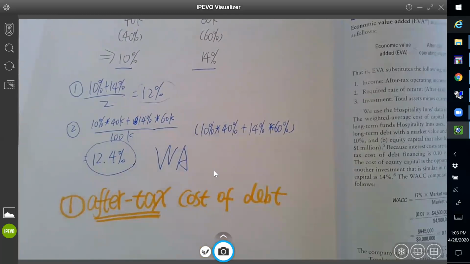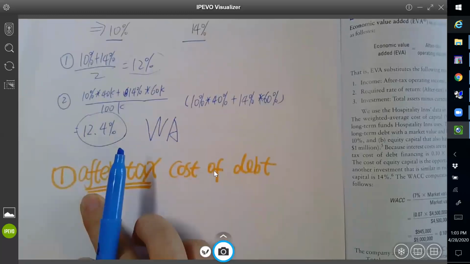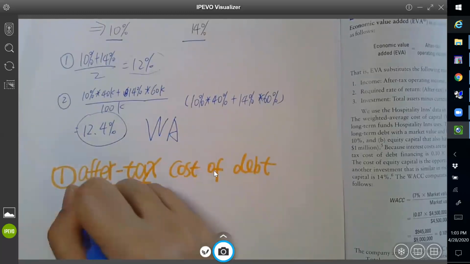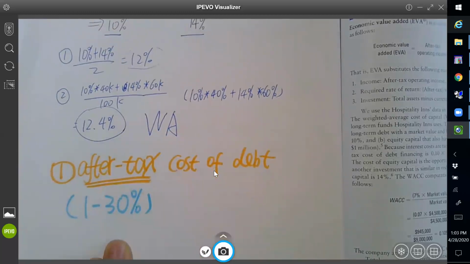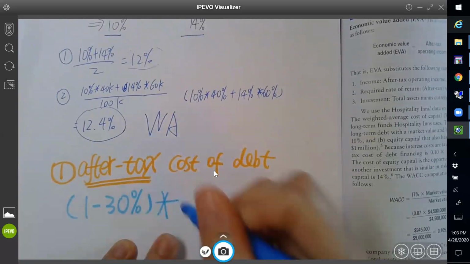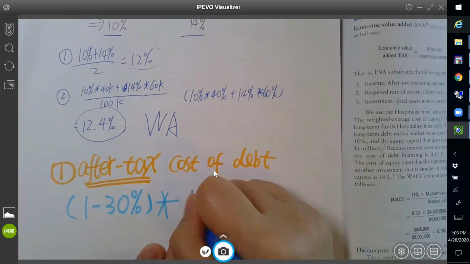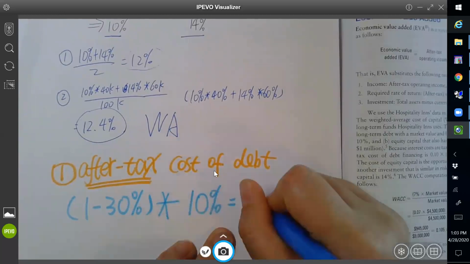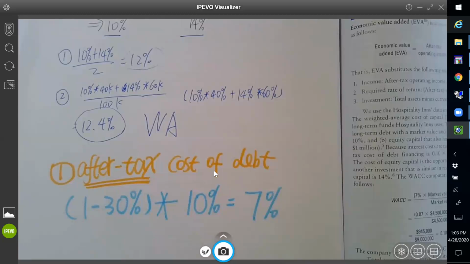Instead of using this 10% raw interest rate, we use the after-tax rate. Tax is 30%, so after tax is 70%. We multiply by the original cost of debt, which is 10%, your original interest rate. So your after-tax cost of debt will be 7%.